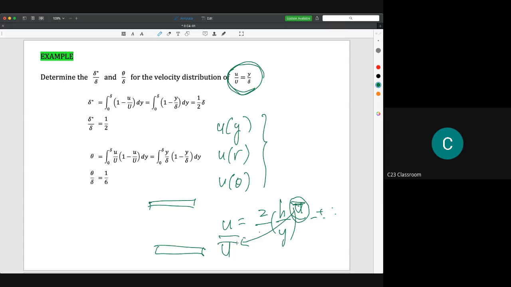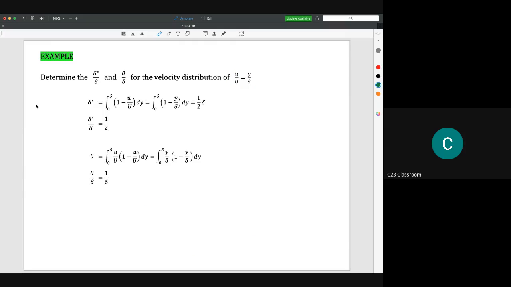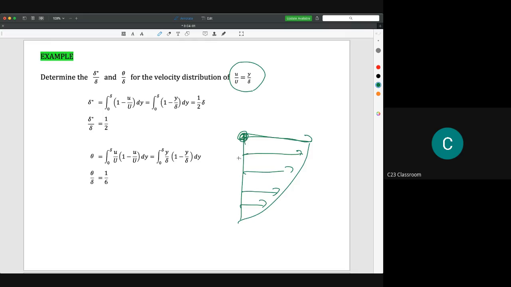Another idea about u over U is that it is actually a ratio. For example, you have a velocity profile like this. u is the local velocity here, and the maximum velocity here is the capital U, the free stream velocity. So u over U reflects the percentage between the local velocity and the free stream velocity at the top.